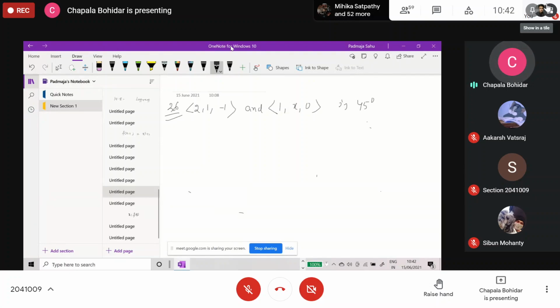Yes, two values are coming: one plus minus root 6 by 2. Yes, very good.